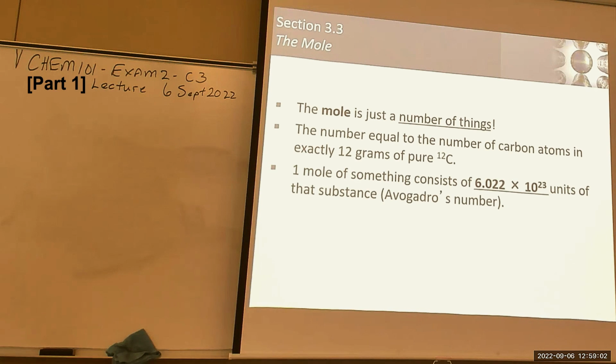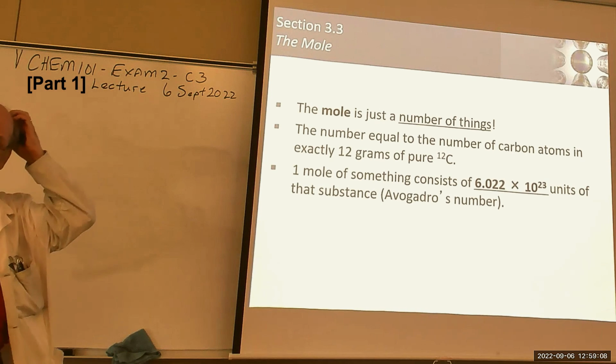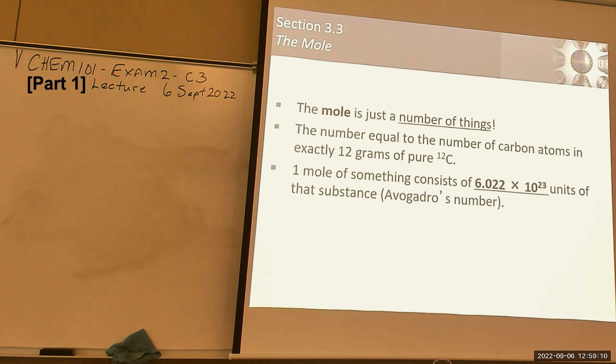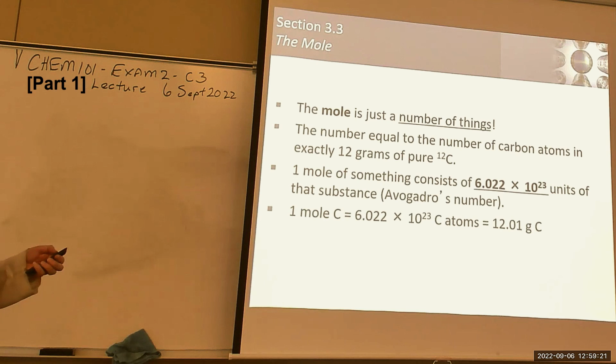And it's a number of things. For our purposes, number of atoms, number of ions, number of molecules, right? But it's just a number. It could be a number of chickens. Okay, so 1 mole, this many carbon atoms, is equal to 12.01 grams of carbon with that mix of isotopes.